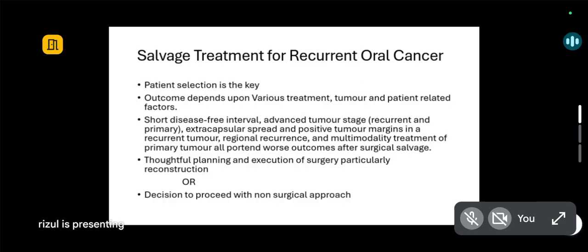The outcome also depends on other parts like the final histopath report and patient related factors, such as extracapsular spread, positive tumor margins, regional recurrence, or multimodality treatment, all of which predict worse outcomes. Therefore, thoughtful planning is very important in deciding the surgery, particularly the reconstruction, or the decision to proceed with a non-surgical approach instead of surgery.